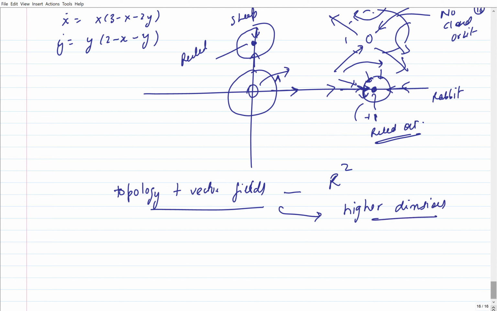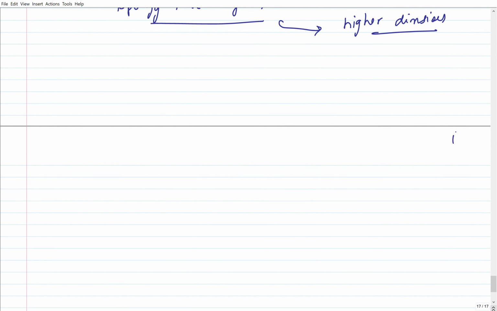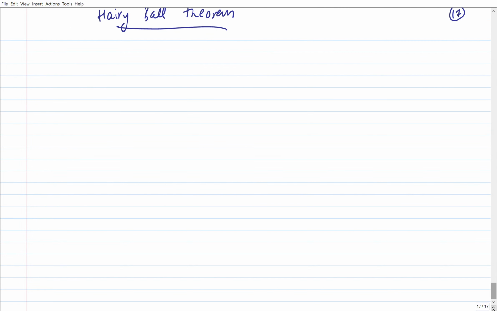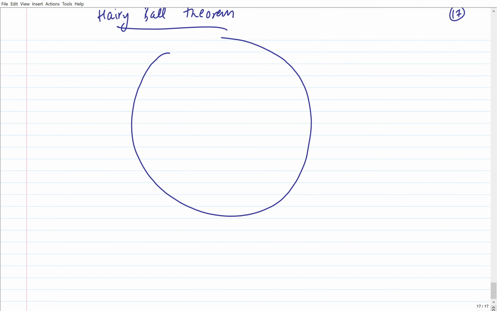So for example, there is this theorem called the hairy ball theorem, which is to say, imagine my phase space is the sphere and I have a vector field. It's like chocolate dripping over it, like this, over a sphere.